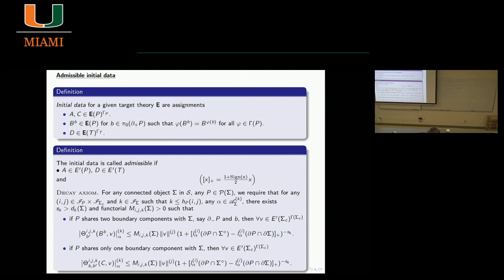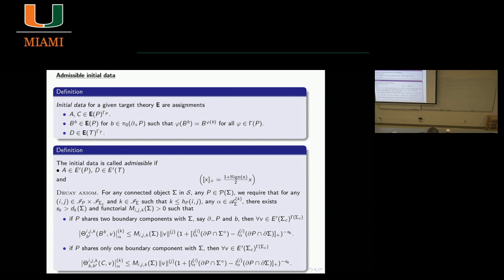A and D you can choose as you like, as long as you choose them in the prime spaces. No constraints on anything there. But they have to be in that space because I want the recursion to persistently produce something actually in this prime space. It has to do with the norm estimates I need on the way. What's the decay action? Well, first of all, note the definition of this. This is the function that's 0 for negative x and the identity for positive x. So the positive part.